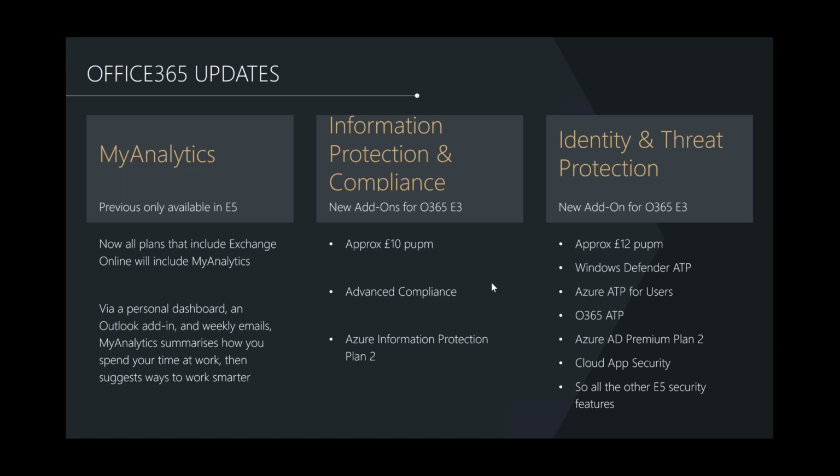So what a lot of people tend to do is buy the individual components. Actually, I'm interested in E5, but what I'm really interested in is telephony with Skype for Business. So then you can just buy the individual components for audio conferencing or for phone system. I'm just interested in Power BI, so you would just buy the individual components for Power BI.